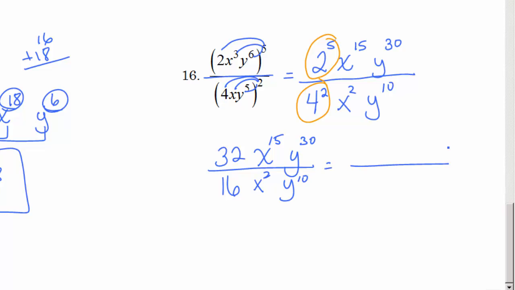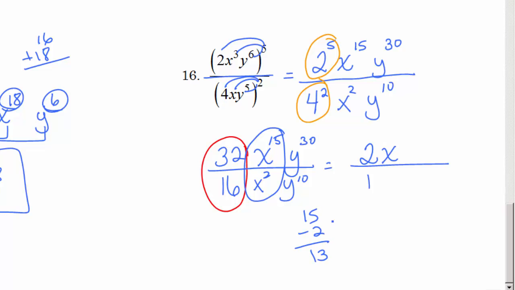Okay, now I'm going to see, can I reduce more? Can you reduce 32 over 16? Sure. 16 goes into 32 2 times. Now you could put a 1 there if you wanted to. Now what about this? Do I have a rule about the same base being divided? Yes, I do. It says keep the base, subtract the exponents.